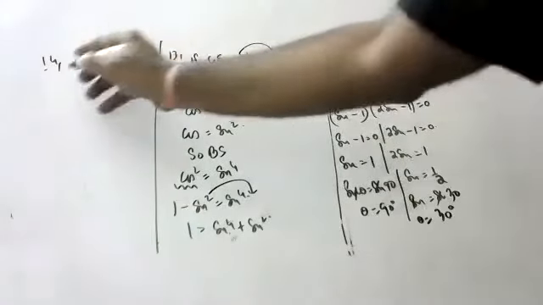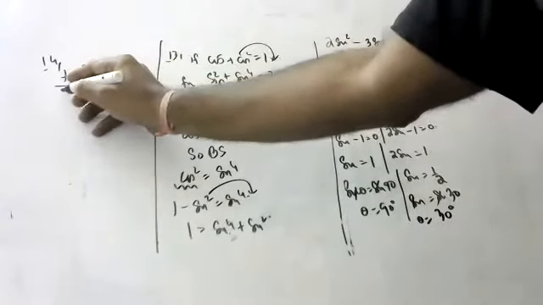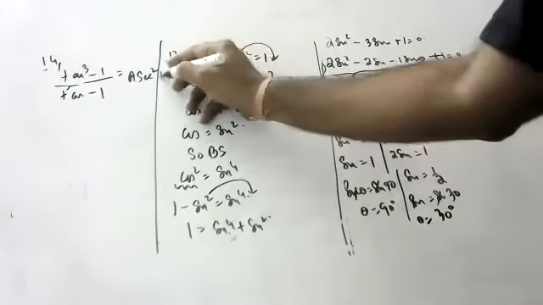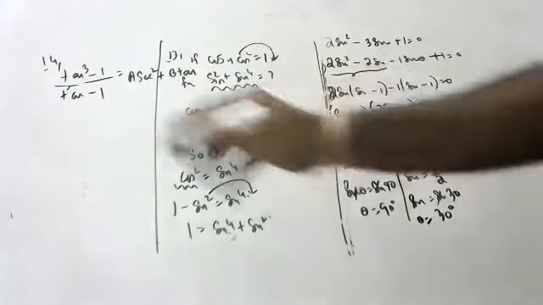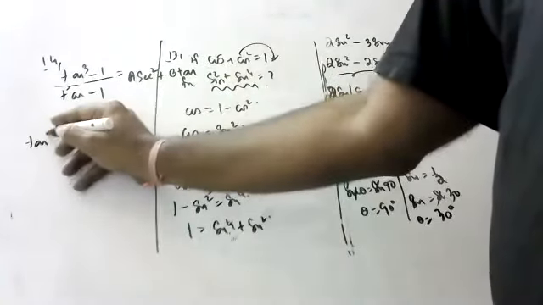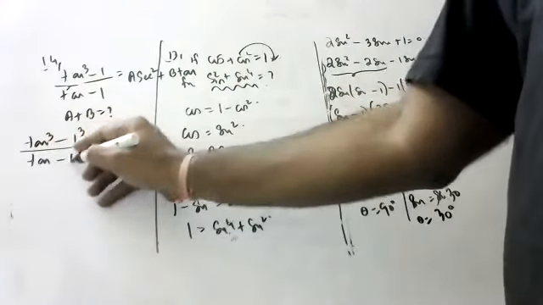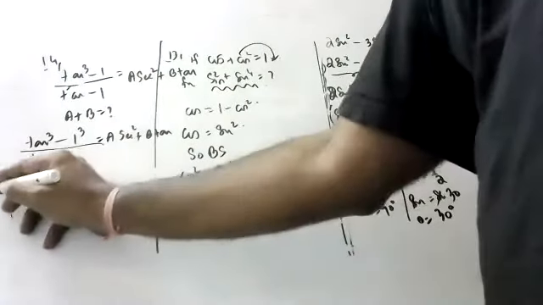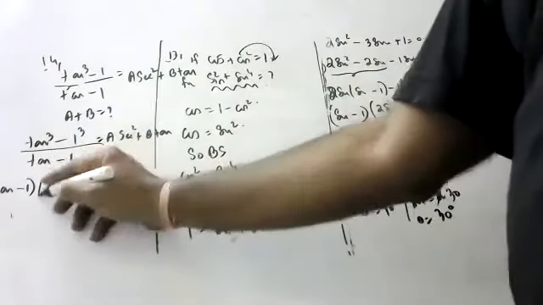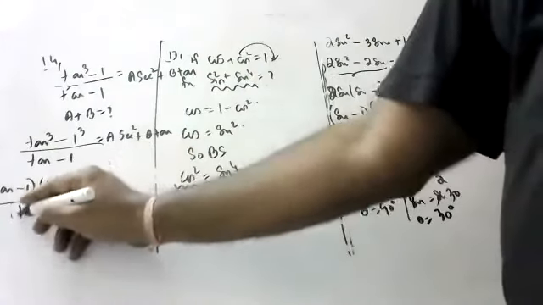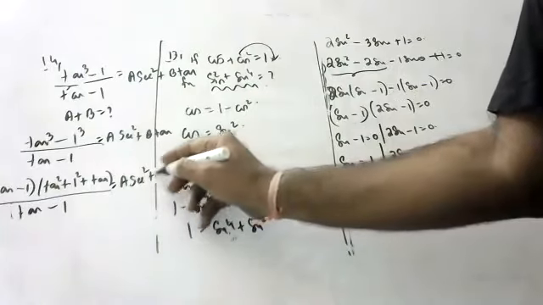So, children, if (tan cube minus 1) by (tan minus 1) is equal to a secant square plus b tan, what is the value of a plus b? This is the question. Using a cube minus b cube equals (a minus b)(a square plus ab plus b square): (tan minus 1)(tan square plus tan plus 1) by (tan minus 1) is equal to a secant square plus b tan.